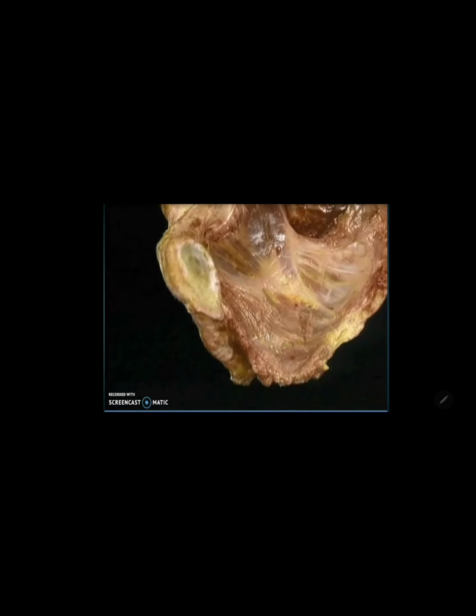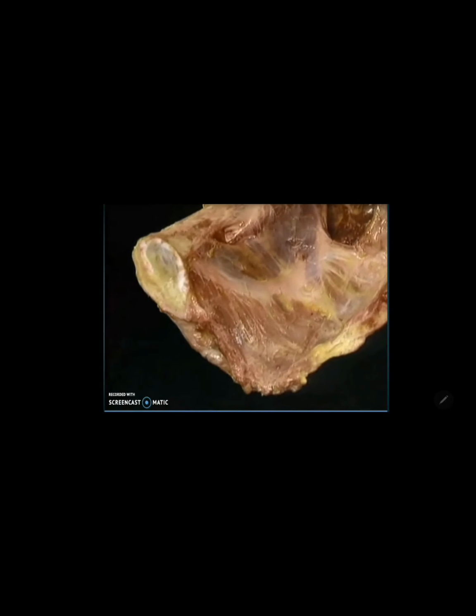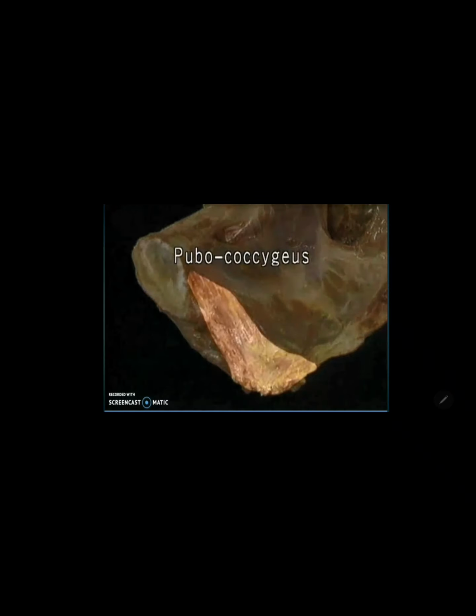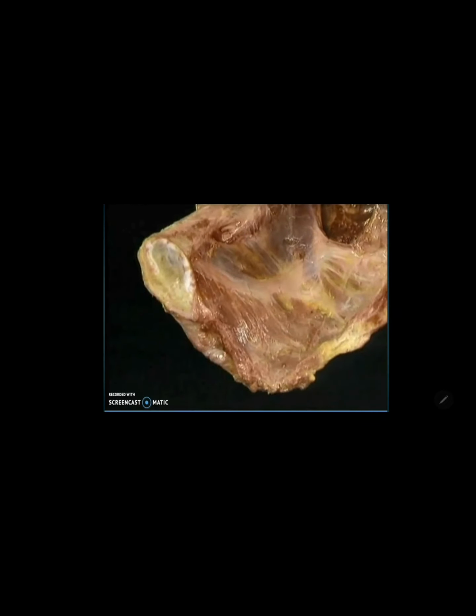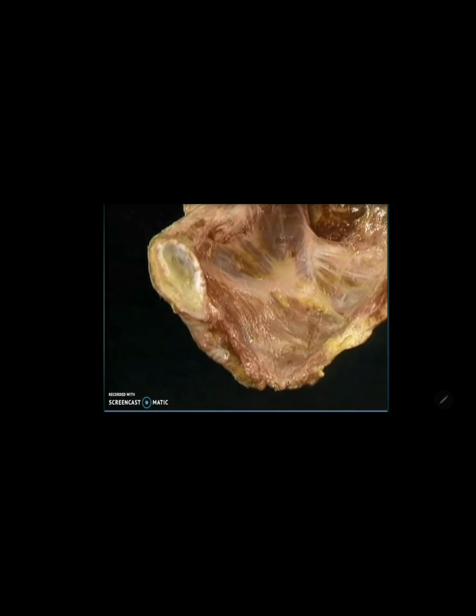It is thin compared to the pubococcygeus. Then here is the pubococcygeus taking origin from the posterior surface of the pubis bone and directed downwards, backwards and medially.